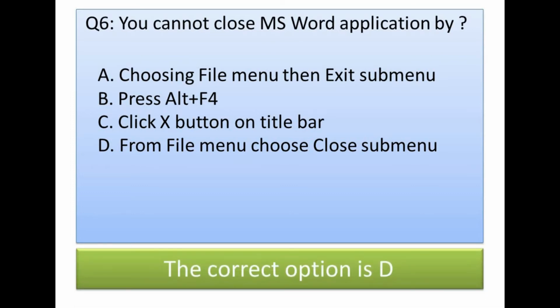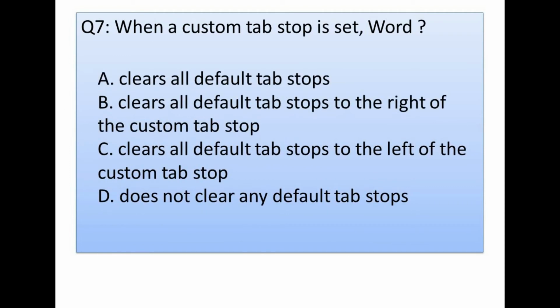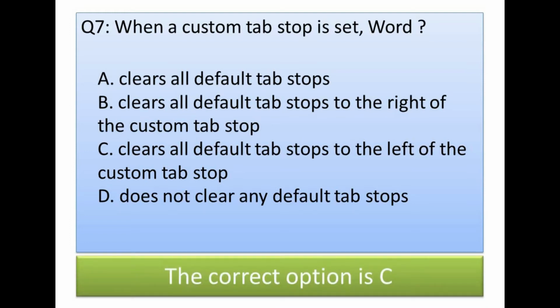The correct option is D. When a custom tab stop is set, Word clears all the default tab stops to the right of the custom tab stop, clears all default tab stops to the left of the custom tab stop, does not clear any default tab stops. So the correct option is C.